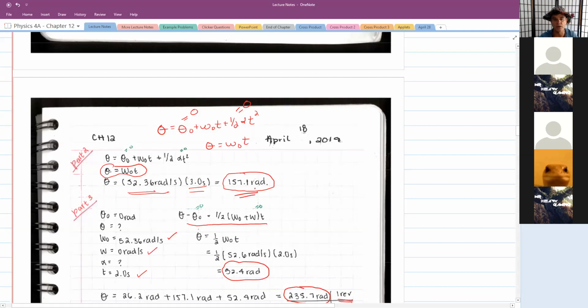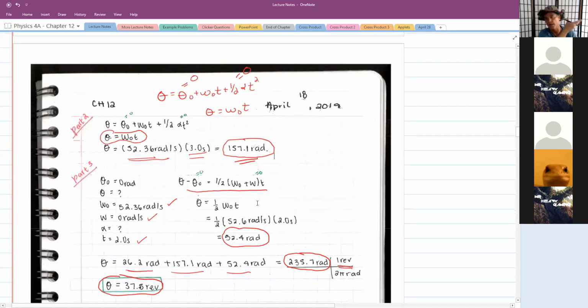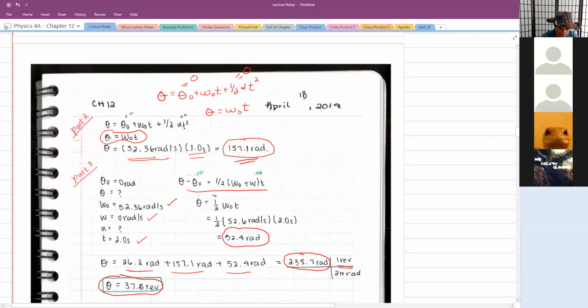And then for the final part, now it takes 2 seconds to come to rest. And again, I want to figure out how many radians it rotated through. I could use this equation where, in this case, it ends up at rest. And so what I end up with is theta equals 1/2 omega naught times t, which should be 52.6 radians. I don't know why it's 52.4 here, but 52.6 radians.